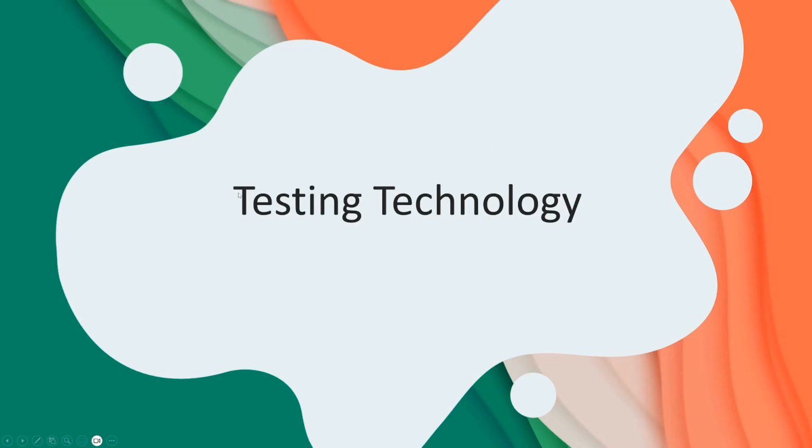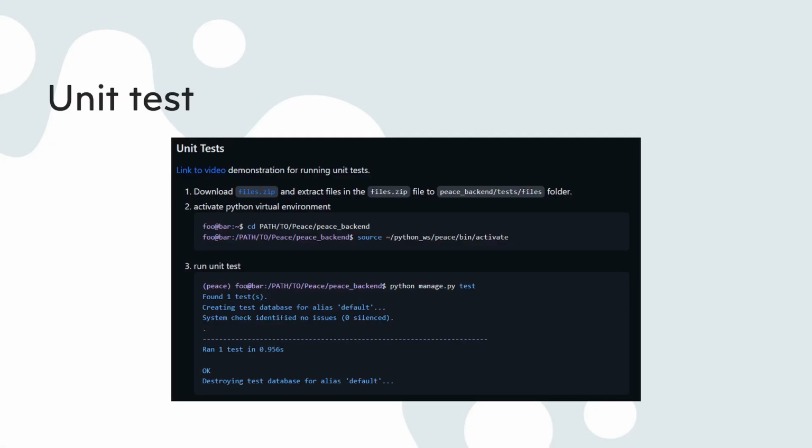My name is Lian Liao. I will present about our testing technology. We separate it into two parts: unit test for the backend and behavioral test for the front end. For the unit test, go to our Django backend repo, and then activate our Python virtual environment and download the test file into the files folder.